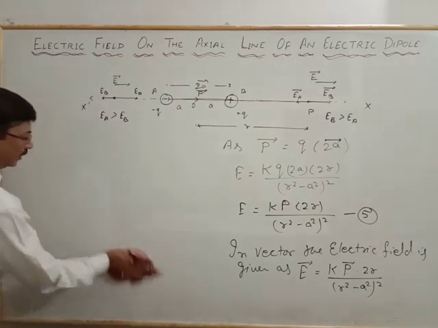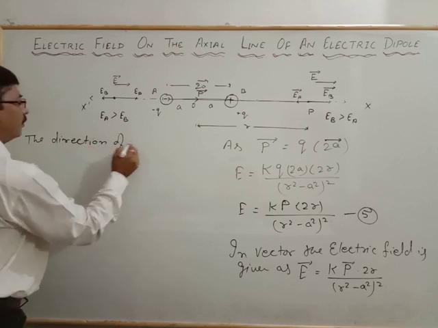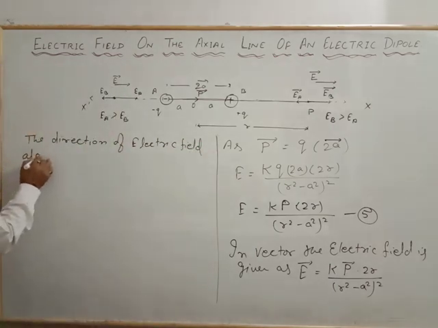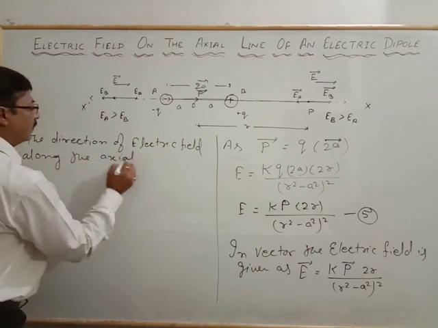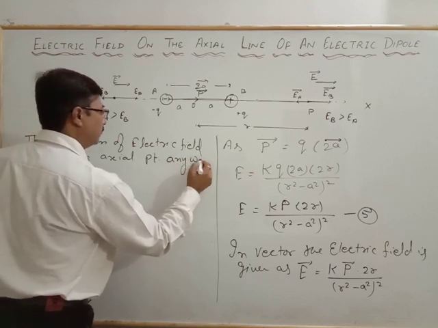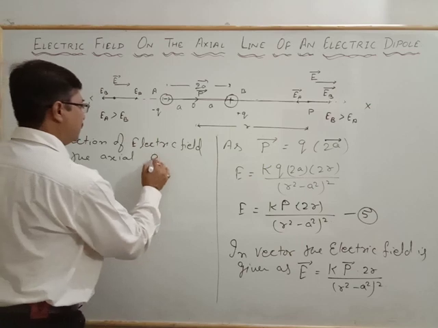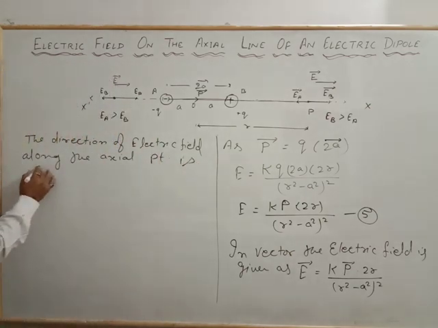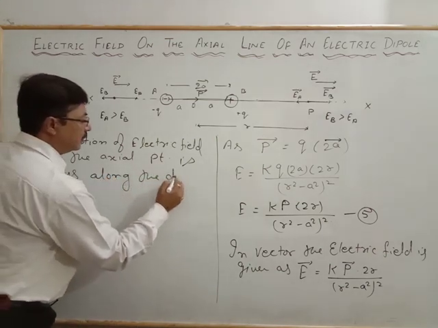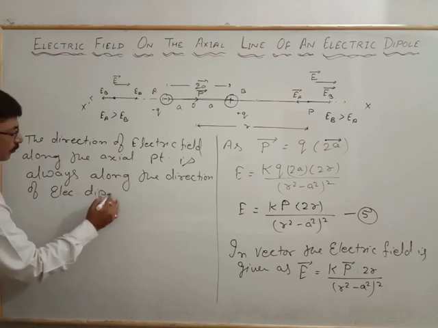The direction of the electric field at an axial point, anywhere, is always along the direction of the electric dipole moment.